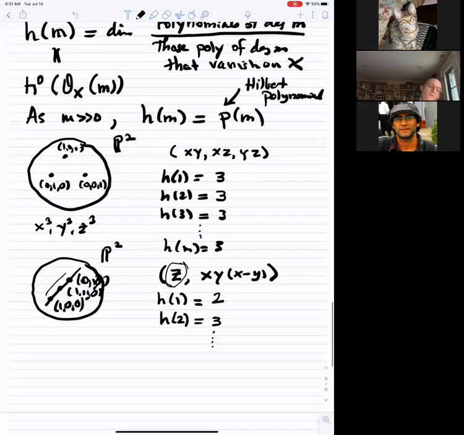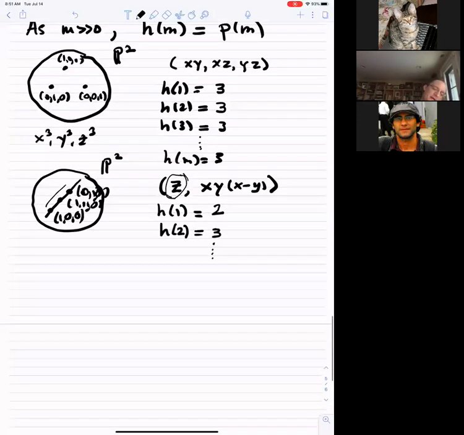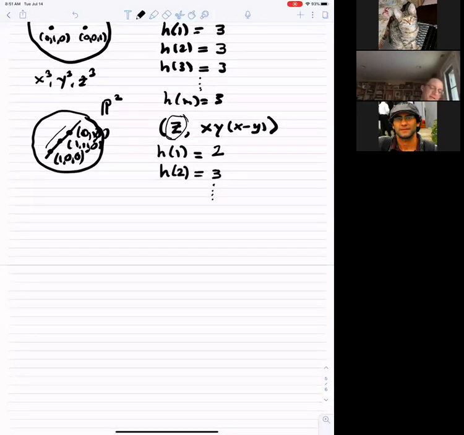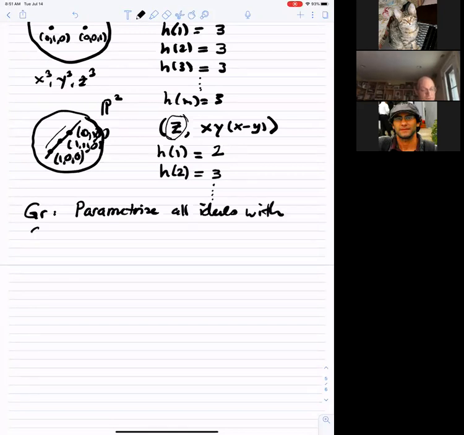Grothendieck's idea was that we should parameterize all ideals with a fixed Hilbert polynomial. And Grothendieck's big theorem is that there actually exists a projective scheme, called the Hilbert scheme, that parameterizes such things.